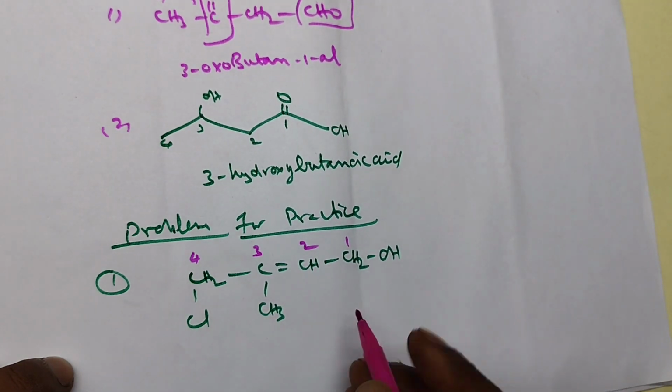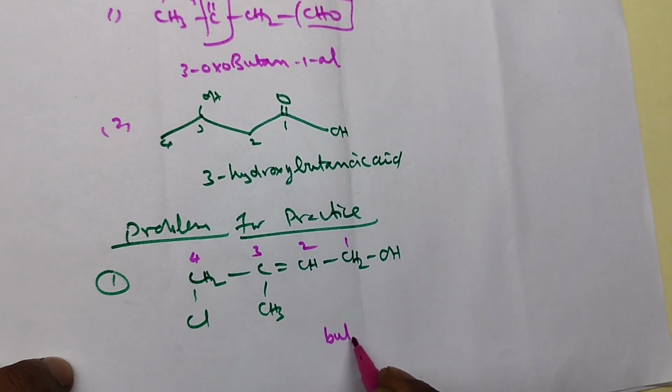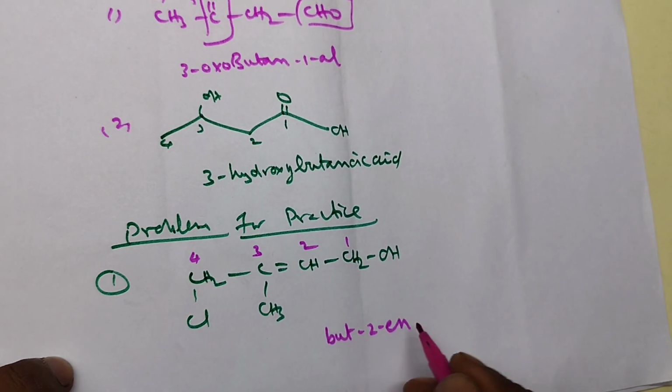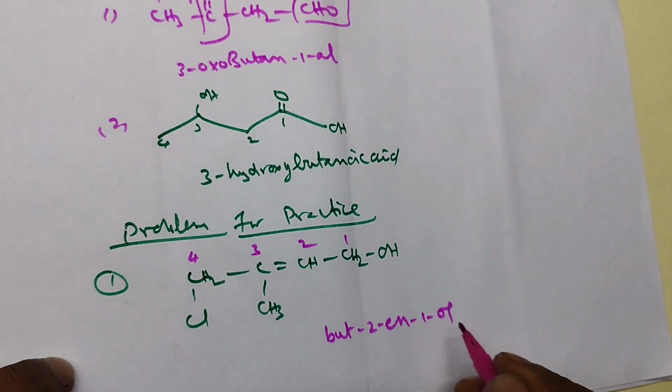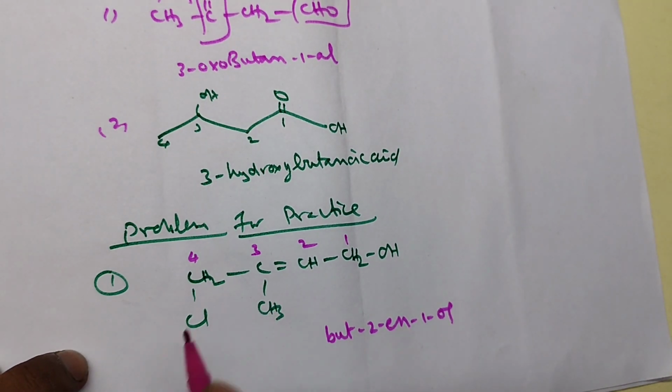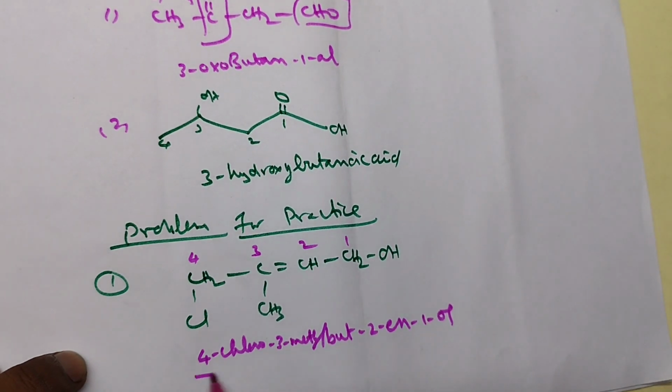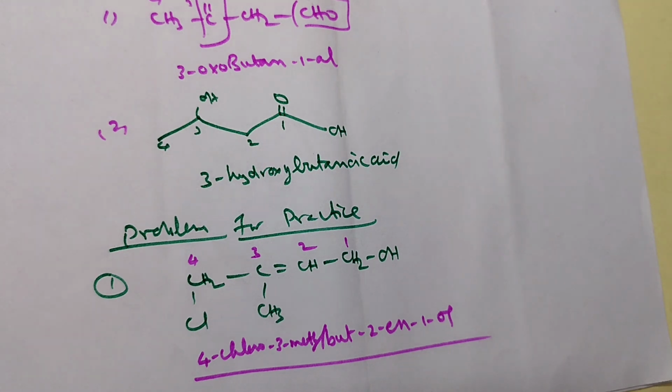This is the longest carbon chain; four means but. The double bond is in the second position, 2-ene, and at position 1 we have the alcohol. At position 3 we have methyl and at position 4 chloro. Arrange the substituents in alphabetical order: 4-chloro, 3-methyl, but-2-en-1-ol. This is the systematic IUPAC nomenclature method for compounds containing polyfunctional groups.